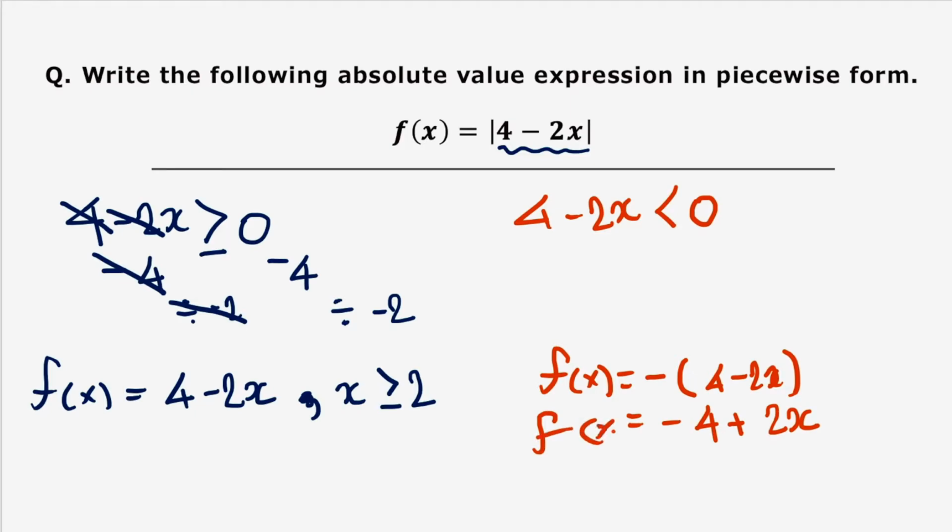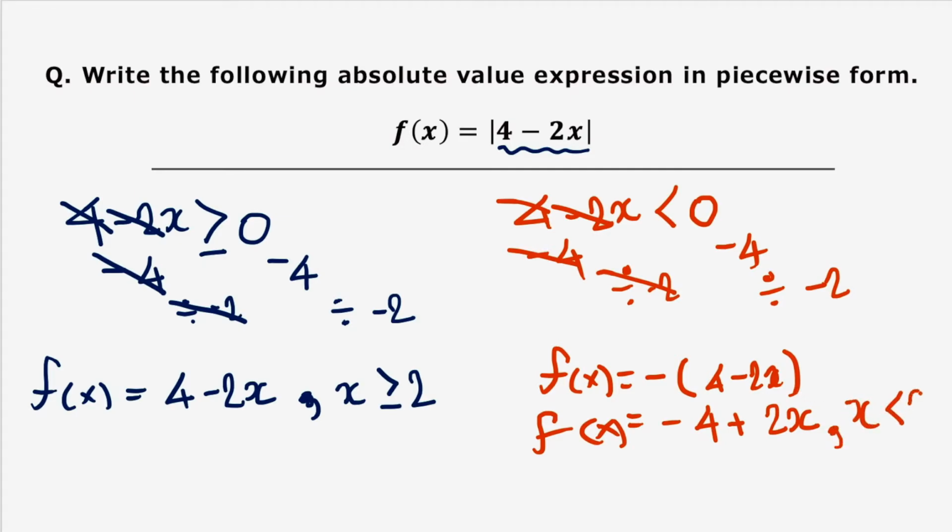That's going to be our f at x. Again, we need to simplify here a little bit. So minus 4, divided by negative 2, divided by negative 2. And that will be when x is less than 2.